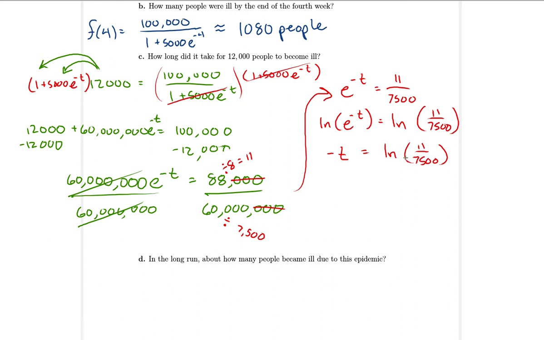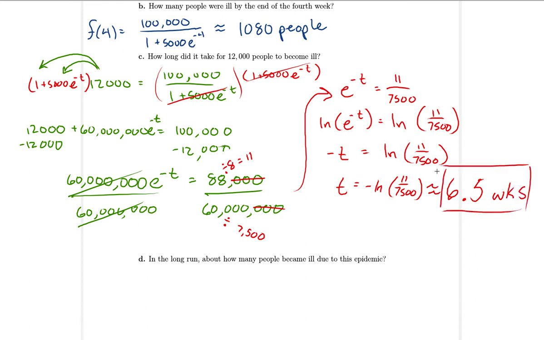And so it's definitely negative. And so that's equal to negative t. So of course, t is going to be equal to the negative of that. And when you punch that in your calculator, what you get is about 6.5. So that means that it's going to be about 6.5 weeks when we get 12,000 people who are ill.